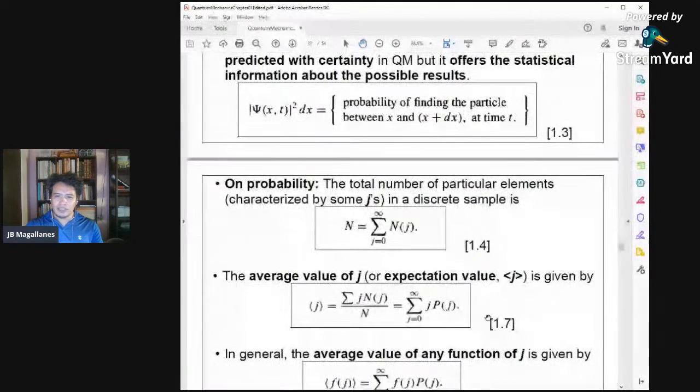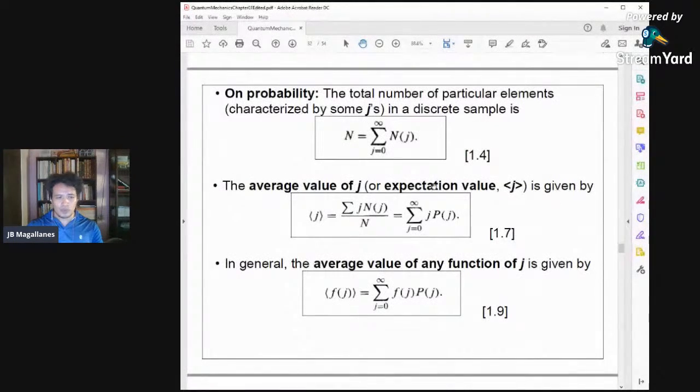On probability, we discussed an example in a room where there are people of different ages, and we made some statistical calculations there, and some of these formulas.